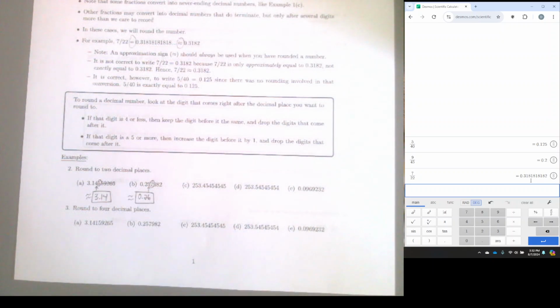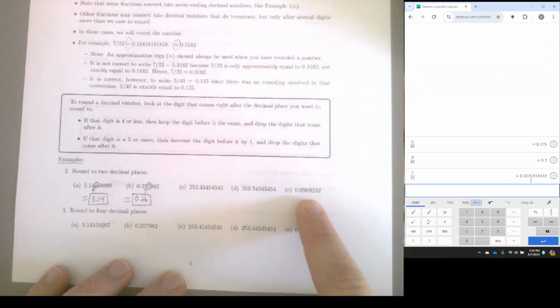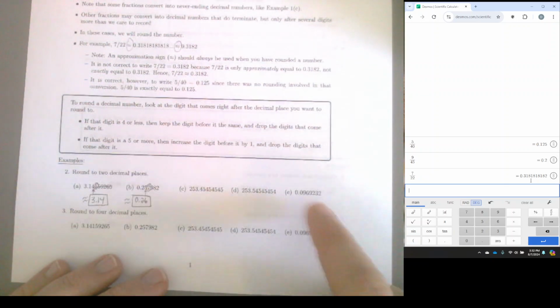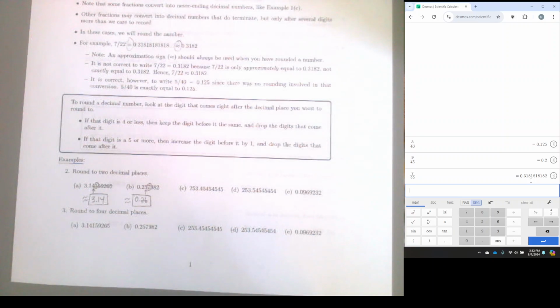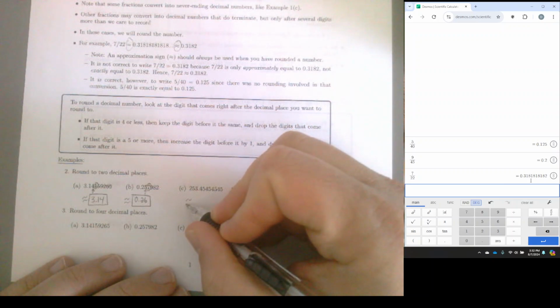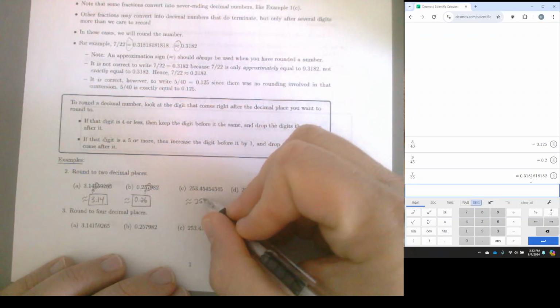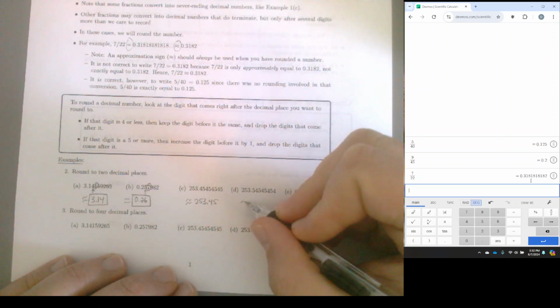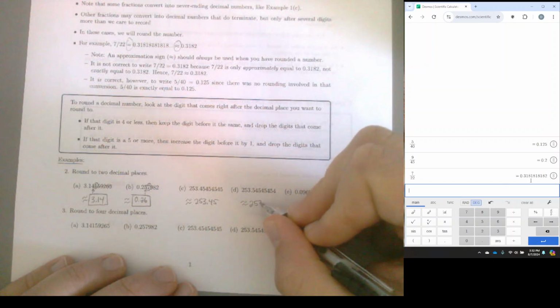I'll let you pause the video and see if you can round the remaining 3 numbers here to 2 decimal places. Okay, now here's my answer. This one is going to be approximately 253.45. This one's going to be approximately 253.55.